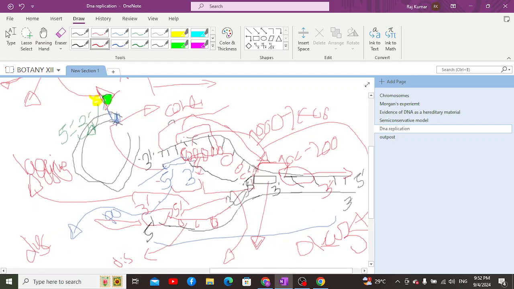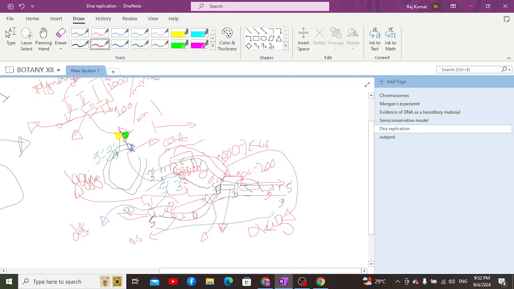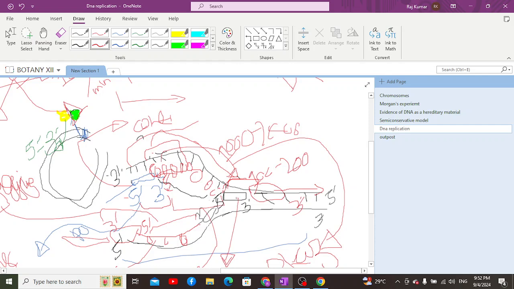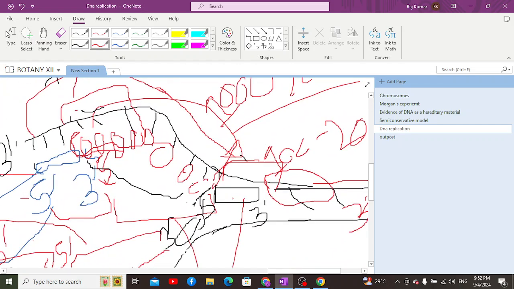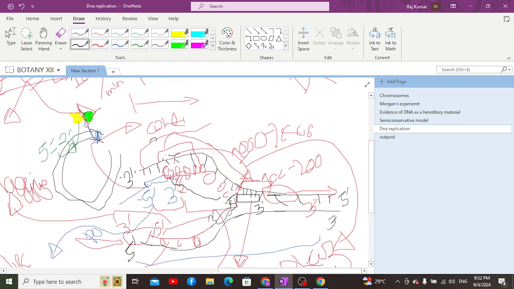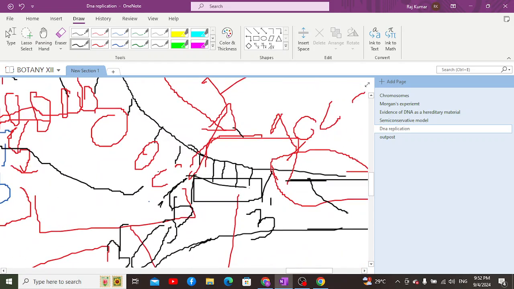For that, we utilize an enzyme known as DNA ligase. DNA ligase joins the Okazaki fragments to form a continuous anti-parallel daughter complementary strand, and also adds nucleotides in the region where the primer was formed.